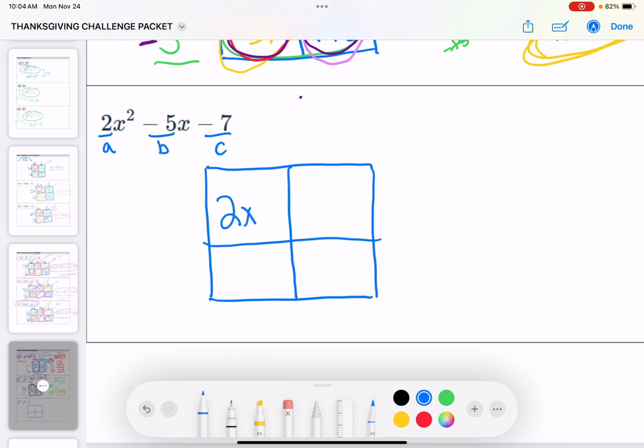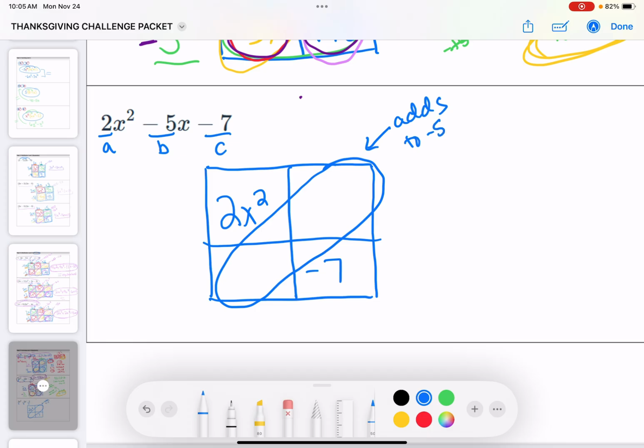So A will always go here, C will always go here, and B is my special number that I know adds to -5, which is my B. I'm going to come over here and do A times C, which is 2 times -7, which is -14. I'm looking for two numbers.